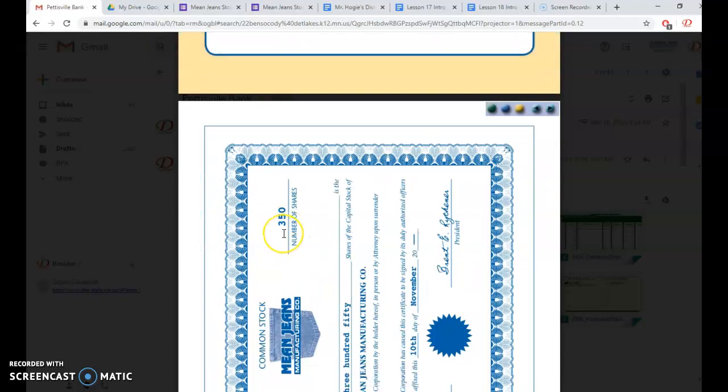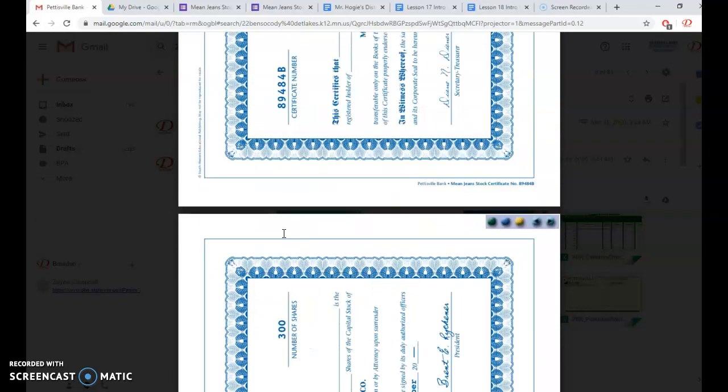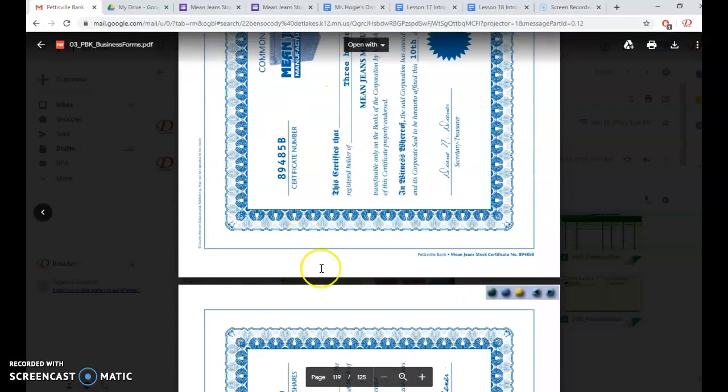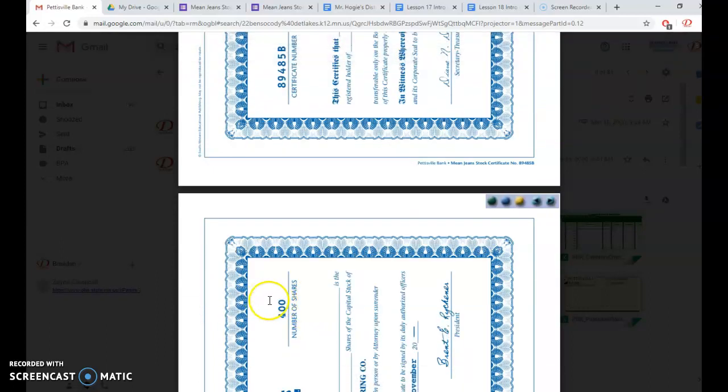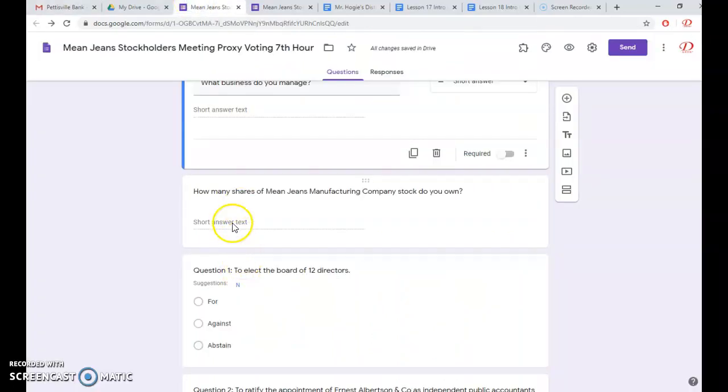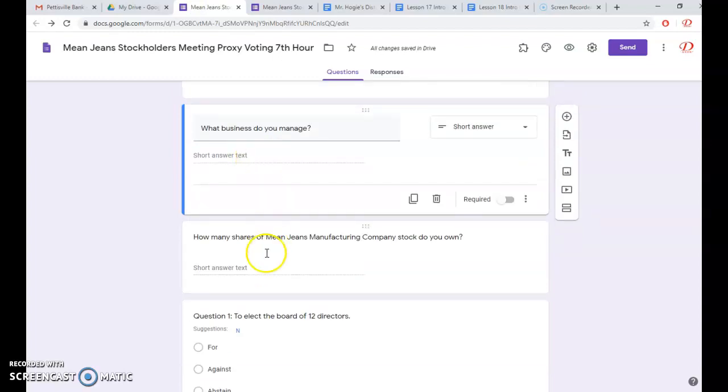So someone's going to have 650 shares and someone's going to have 400 shares. So maybe Jack says, I'll take 650 shares, and Cody says, I'll take 400 shares. So then Cody would put in 400, Jack would put in 650, in this answer there.